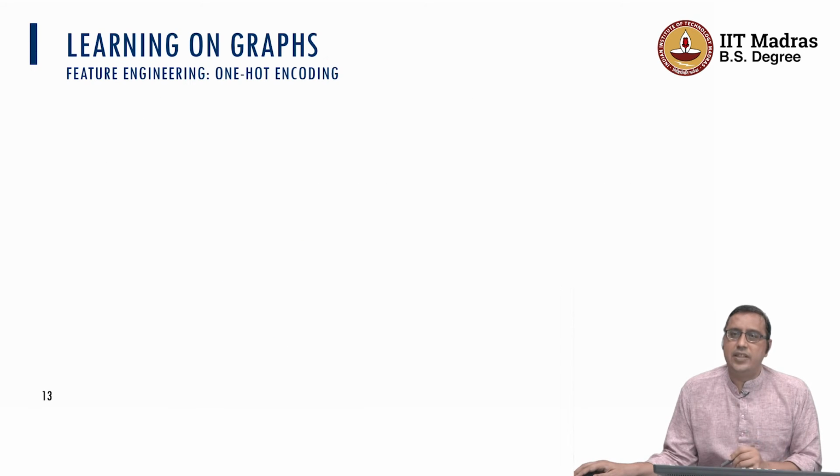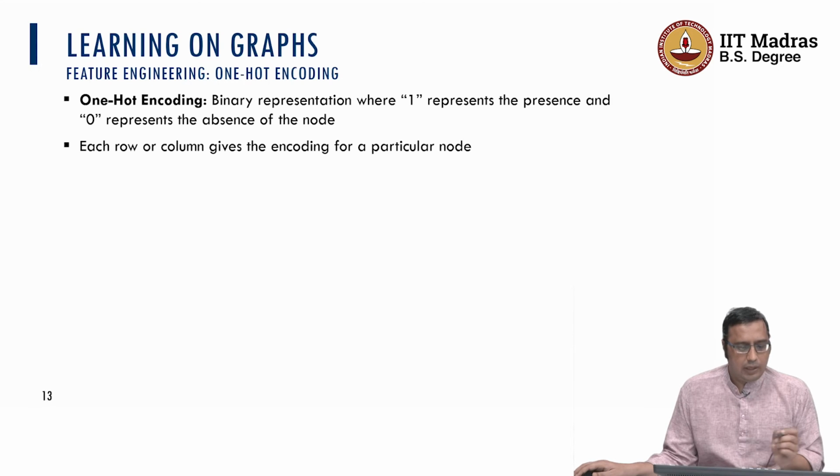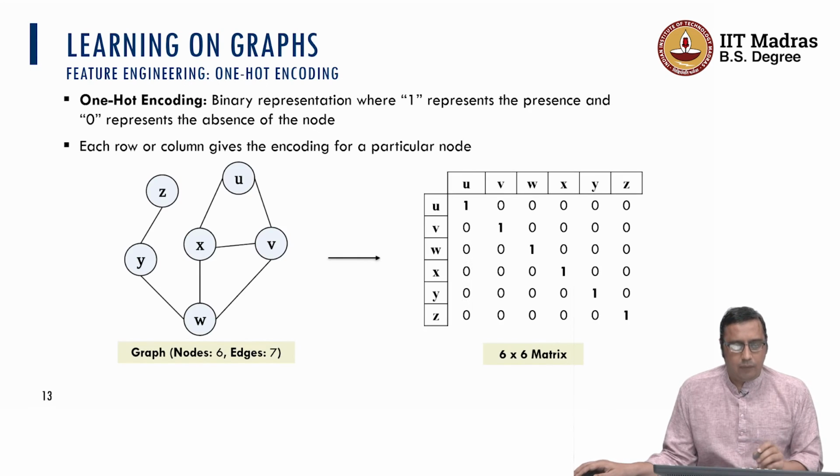So let's look at some feature engineering we can do using traditional approaches, which we have learned in earlier lectures: one-hot encoding. In a one-hot encoding, we have a binary representation where 1 represents the presence and 0 represents the absence of the node.